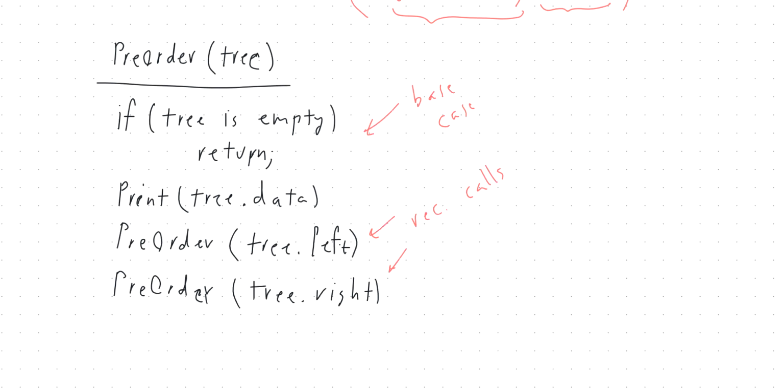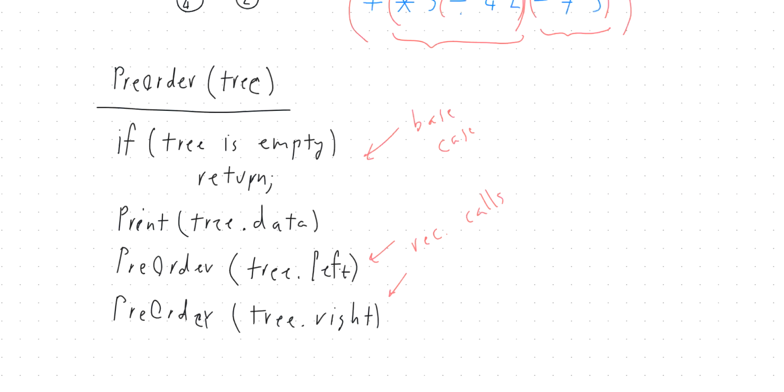Now, the other two, post order and in order, are going to be very similar. I'm not going to write them down because in the next video, we are going to actually implement them. The only thing different is where you make the recursive calls in comparison to printing the data. So if you put the print data in between the two recursive calls, then it's in order.